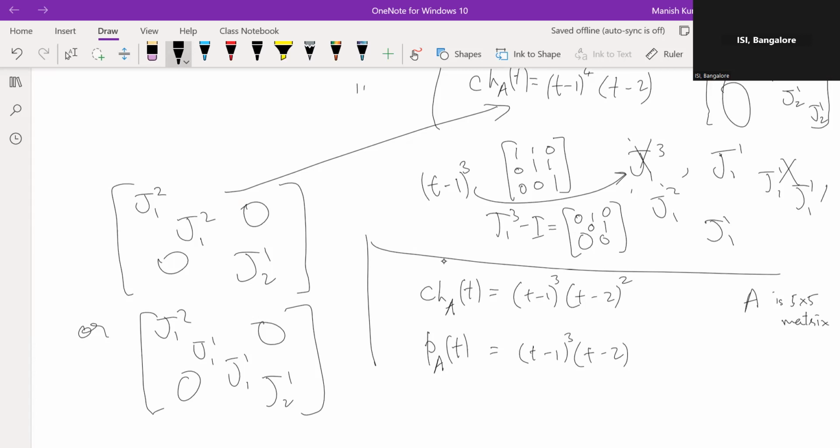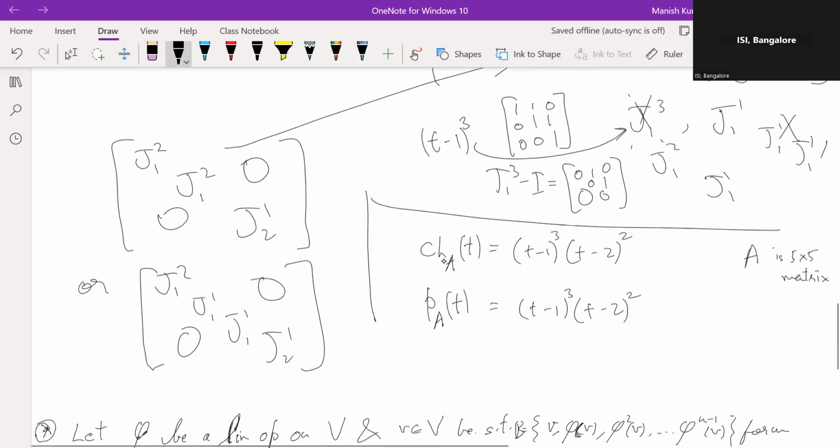Either will work. If you put 3, 2, then the exponent of t minus 2 could be 1 or 2. It doesn't matter. So for instance, I can put this. In this case, the characteristic polynomial and the minimal polynomial are the same, right?